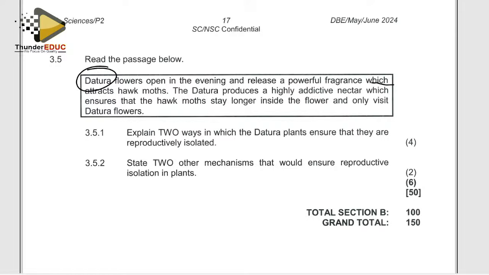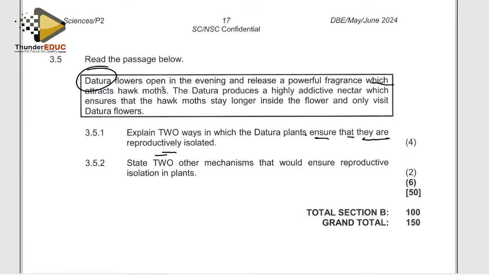So they're asking you to explain two ways in which this plant ensures reproductive isolation. Explain two ways is a key point. Number one, they tend to open the flowers in the evening.